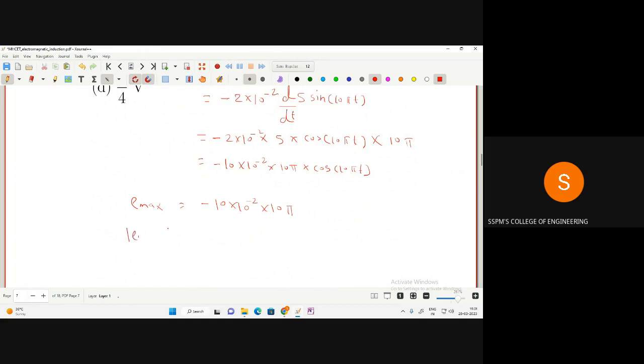The magnitude of the maximum EMF induced is 10 into 10 to the power minus 2 into 10 pi, where 10 into 10 to the power minus 2 is 0.1. 0.1 into 10 gives 1. The maximum EMF induced is pi.